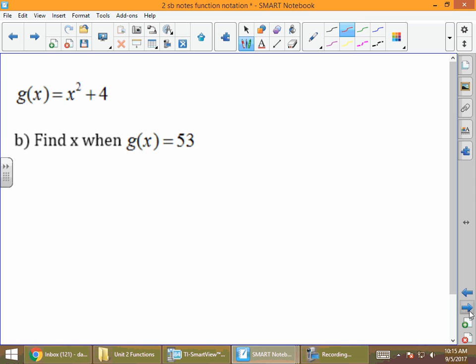Find x when g of x equals 53. So this 53 is going to go back in to this part of the problem, not the x. And we have x squared plus 4.